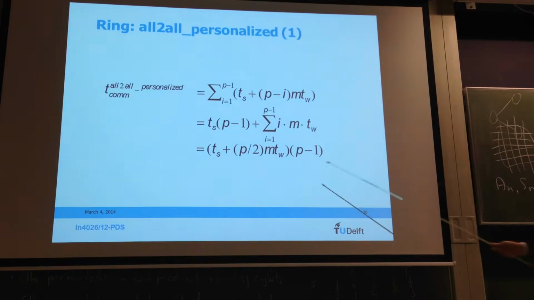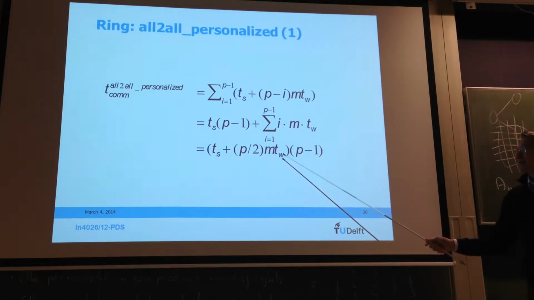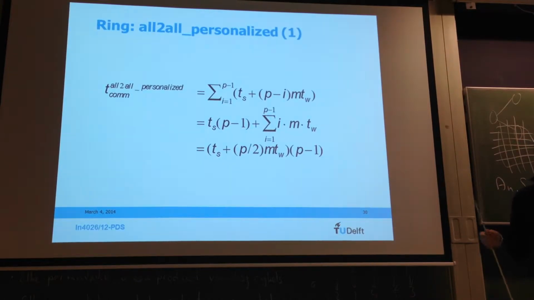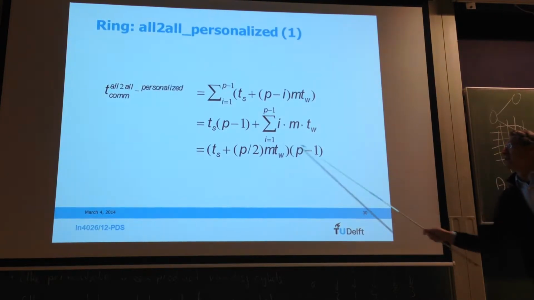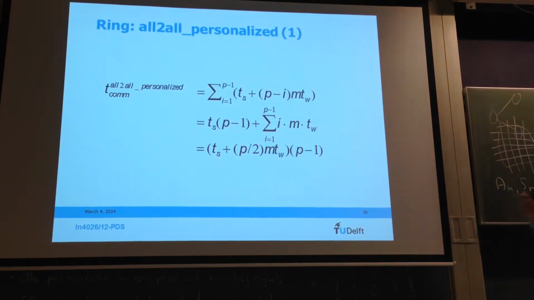Now you immediately see that this behavior is not really nice, right? Because we have a P squared type of complexity here, being this P and this P multiplying against the transport time of the system. So for a ring, this is an expensive operation, this all-to-all operation, P squared type of complexity.